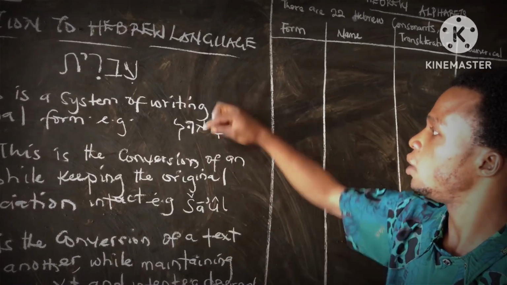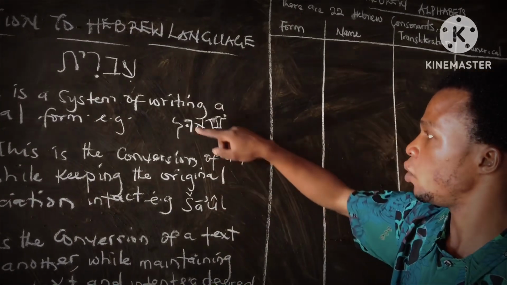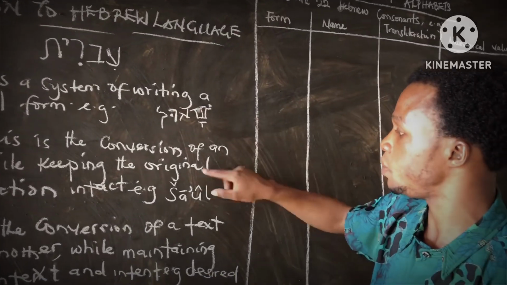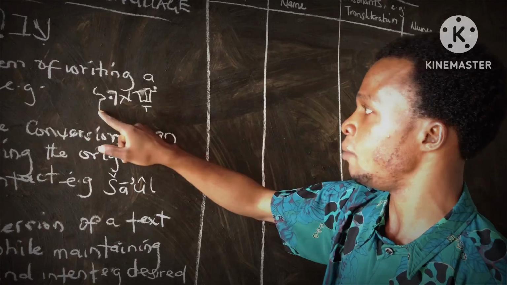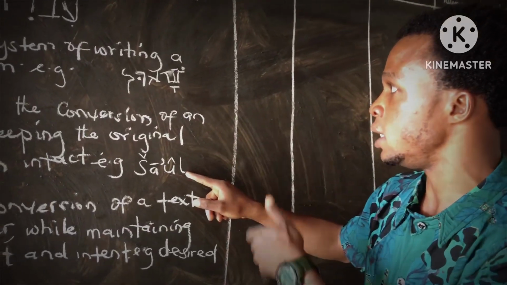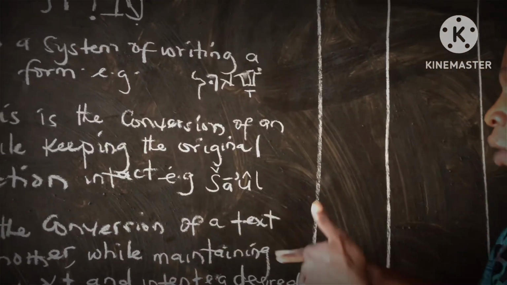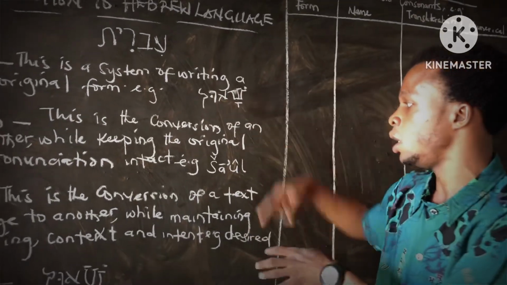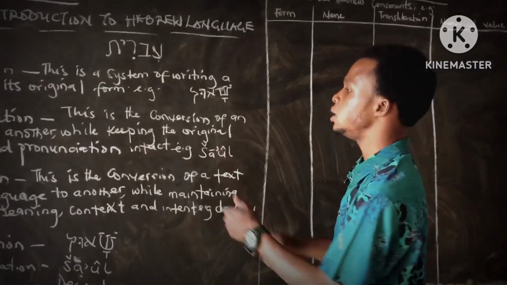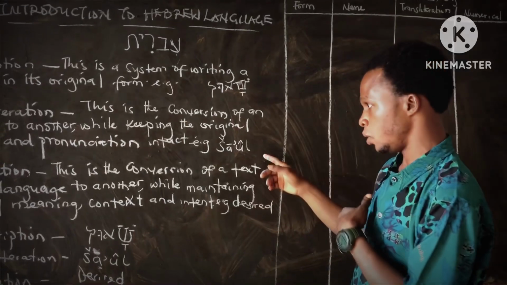We also have Wow, which represents the U, and we have Lamed as this. So this is pronounced as Shahul. If you go back to this, you can still see that it is the same thing. We have Shahul and we have Shahul. We still maintain the language and we still maintain the pronunciation.